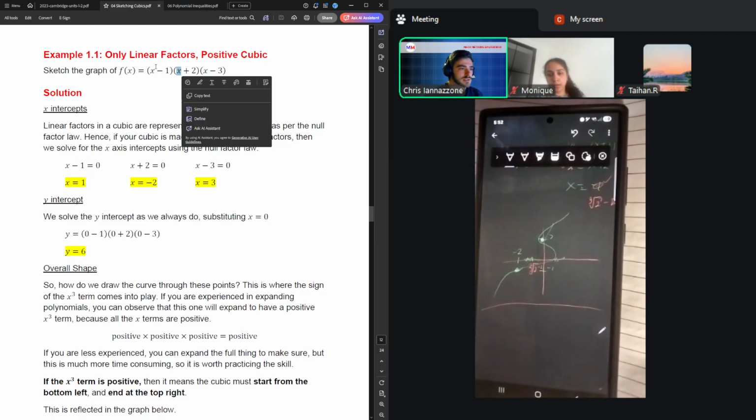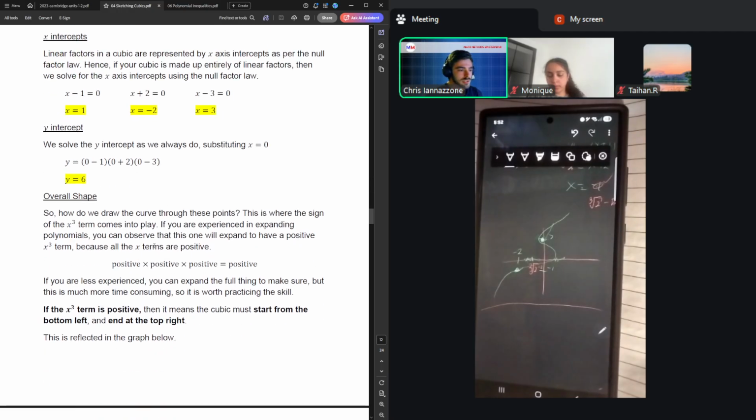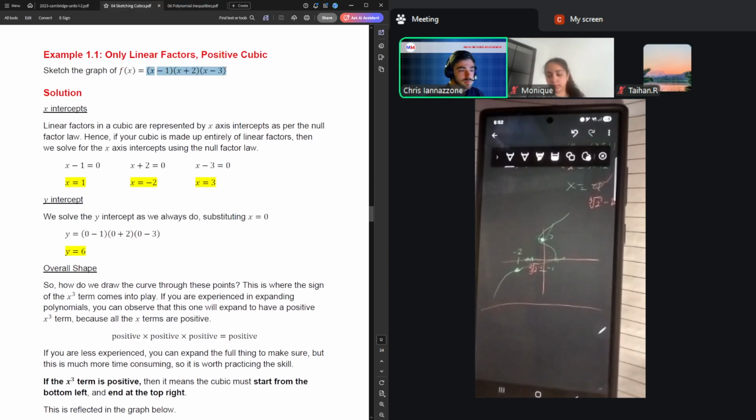You got a positive x here, a positive x here, a positive x here. 3 positives stay as positive when it comes to the sign analysis. You wouldn't want to actually go out of your way to expand it. That's a lot of time wasting in a SAC. But if, for whatever reason, the sign analysis stuff is a bit challenging, at least while you're practicing it, you might consider expanding it on your CAS just to prove to yourself, yep, I got it right. My guess was correct.